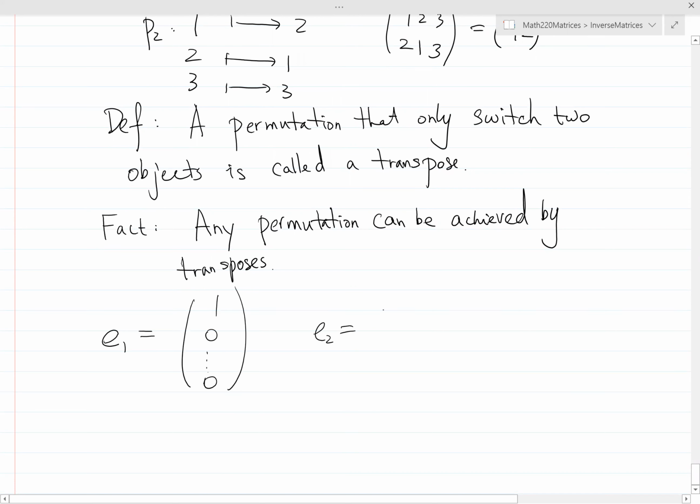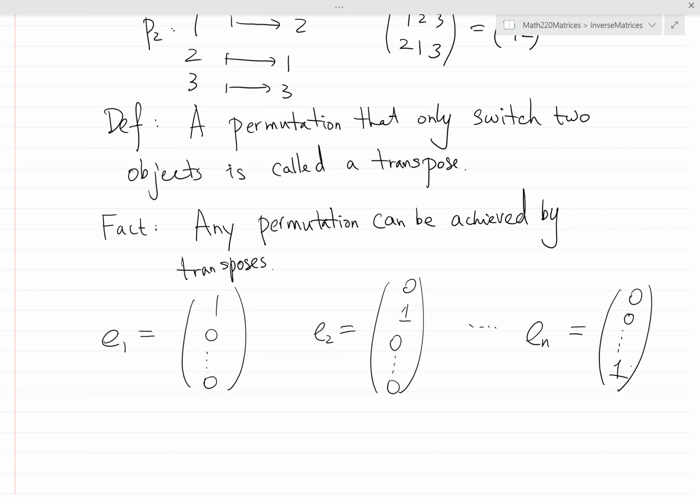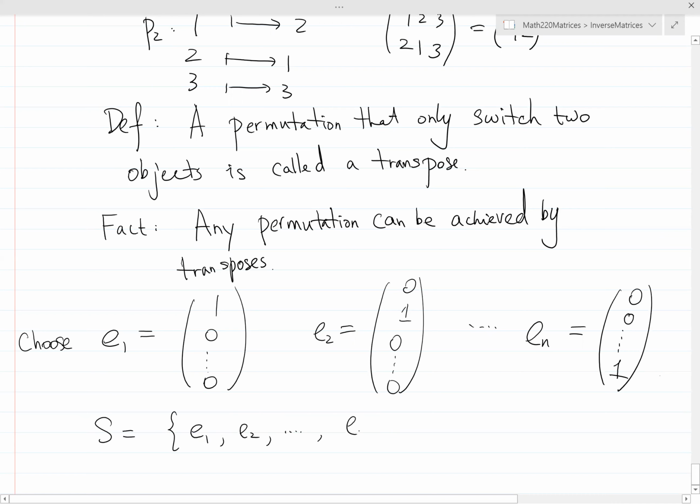Now E2 has the second component equal to 1 and the other entries all 0, etc. Then we have En, which is 0, 0, and so on, and the last one is 1. Now we choose this basis to be the n objects. So the set S is E1, E2, and so on, up to En.